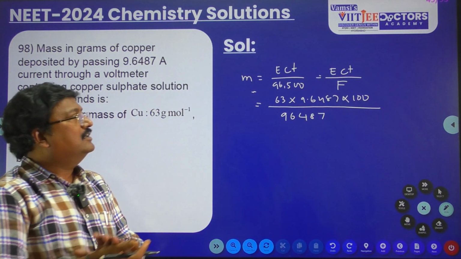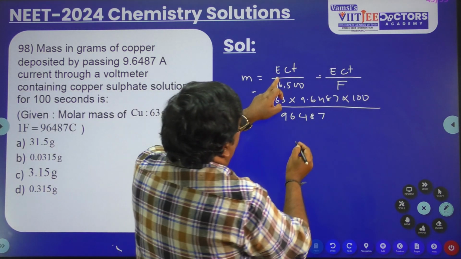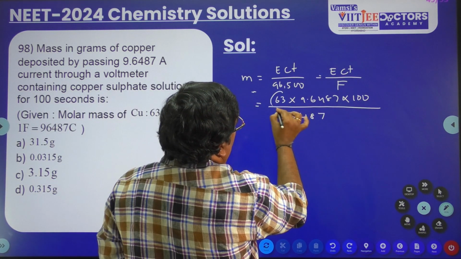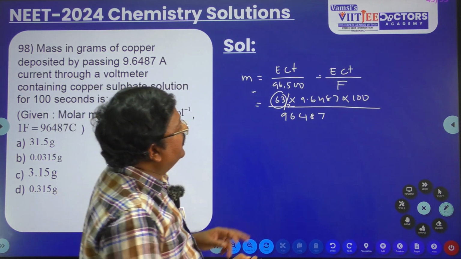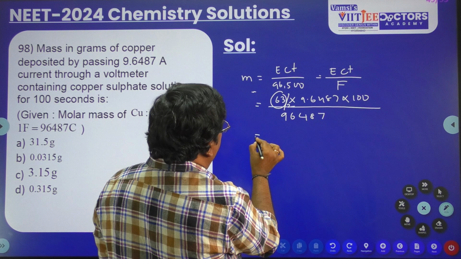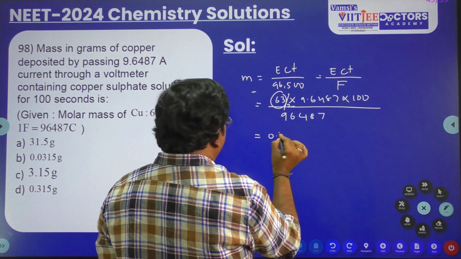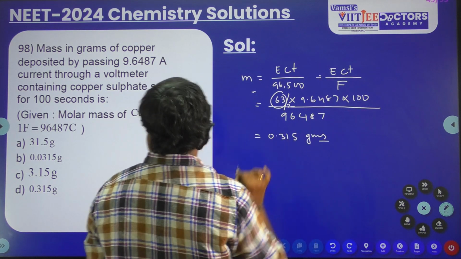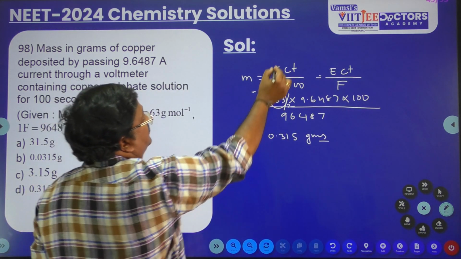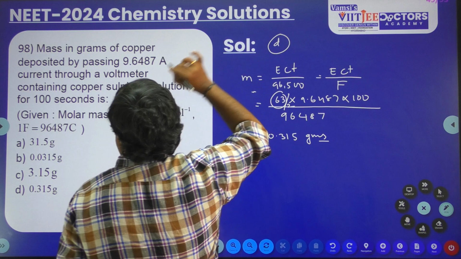This is the data given to you. Here we have to calculate the equivalent mass, which is 63 by 2. If you simplify this, you get 0.315 grams. Your answer is D.